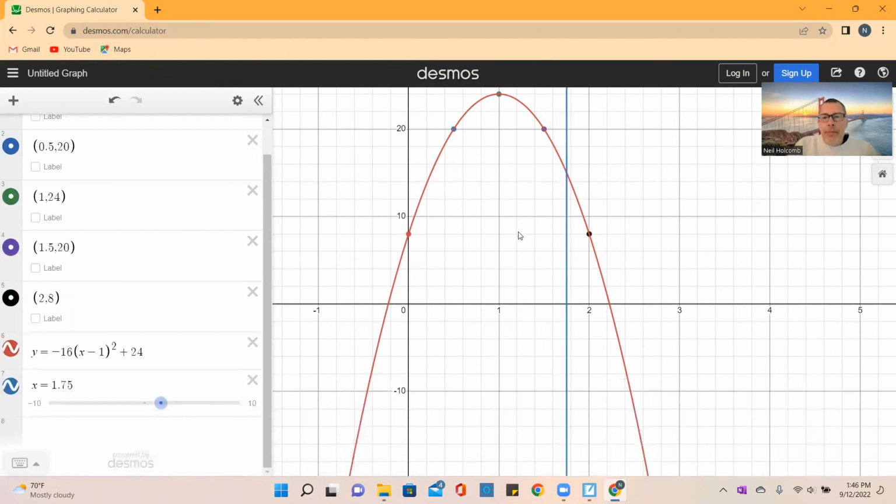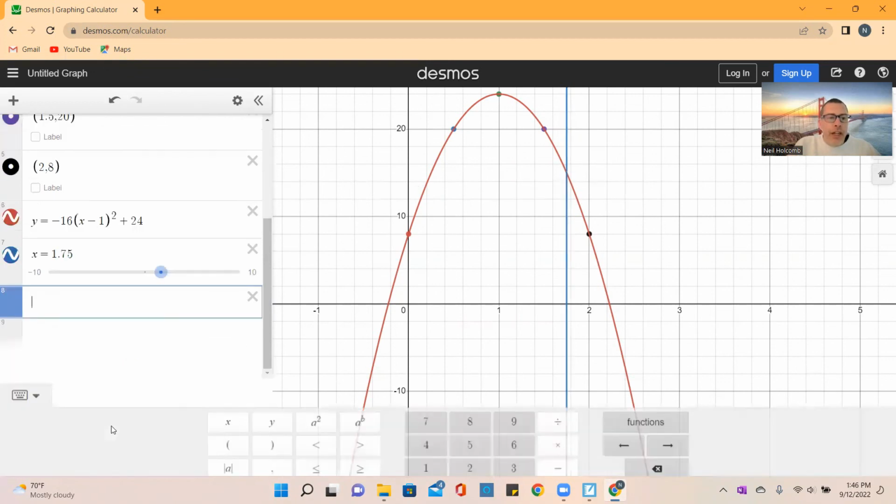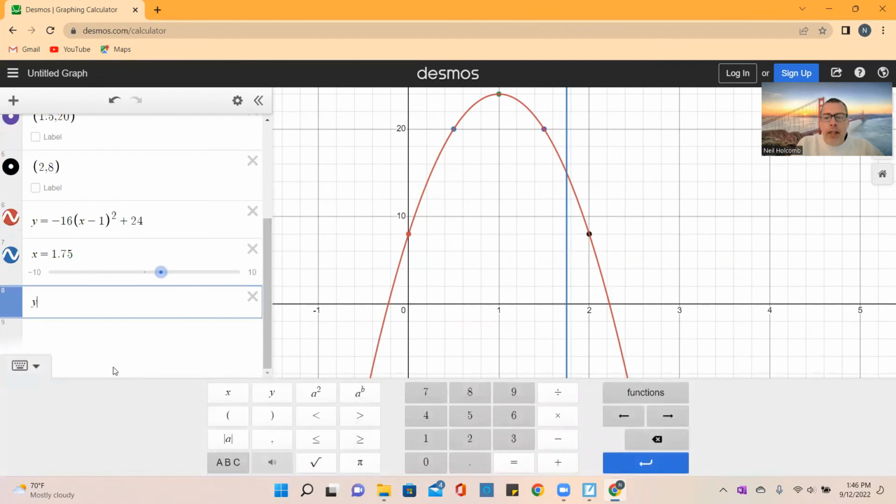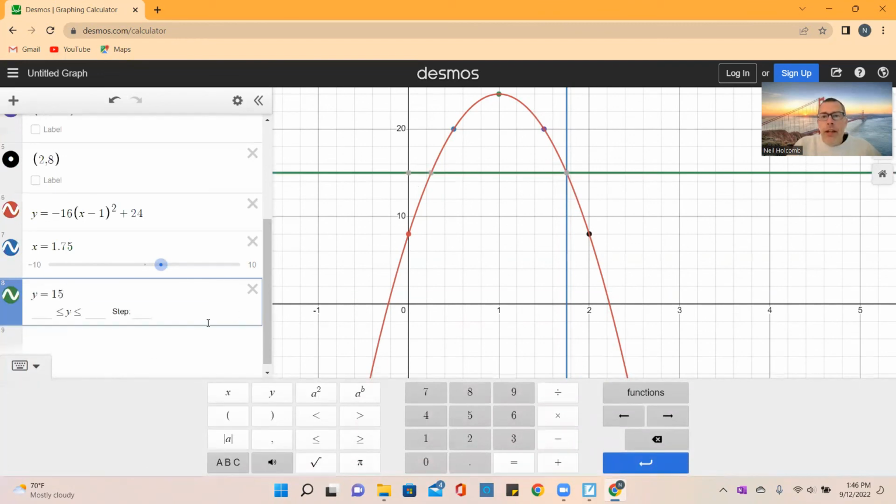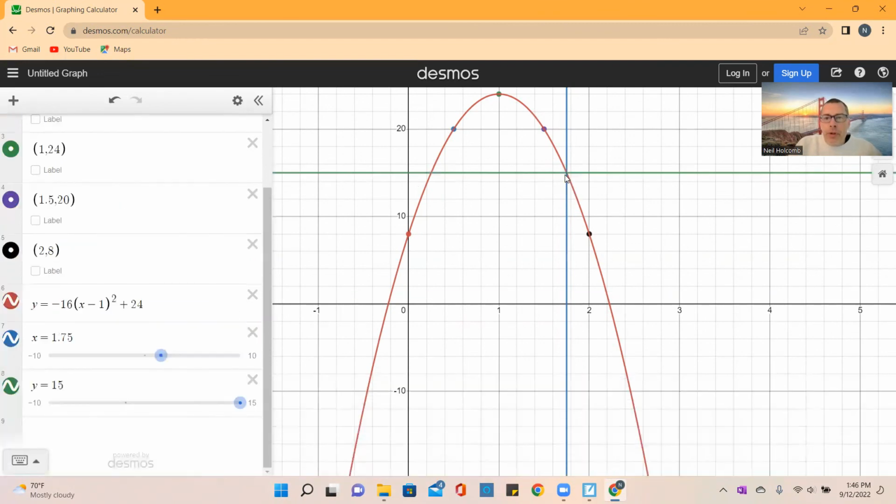That's right there. Okay, so then we have this intersection point right here, 1.75. And then what you would do is draw a horizontal line, and that would be your y value. I just clicked on it, and it told me it was height 15. So if I say y equals 15, then that is where those two intersect. So it looks like we had to go over 1.75 and up 15.